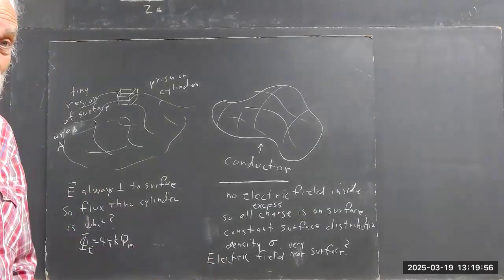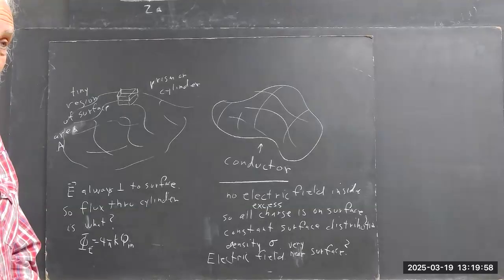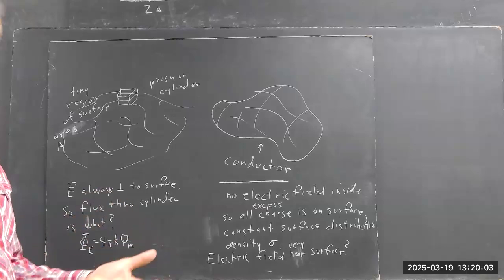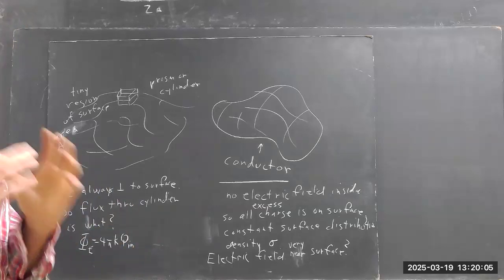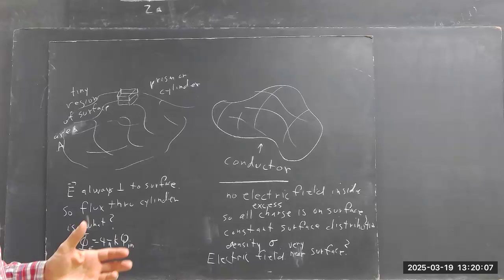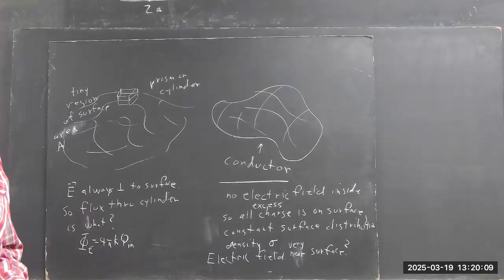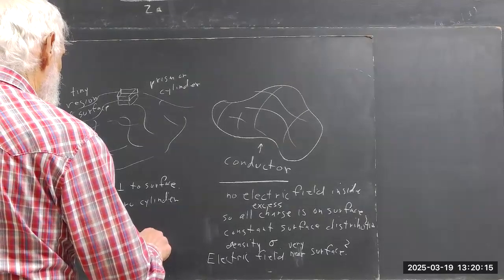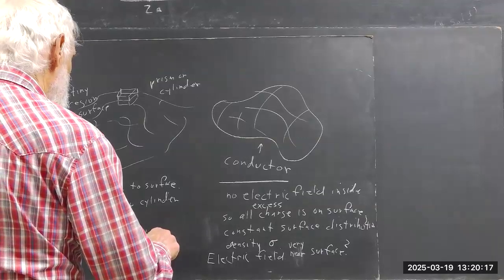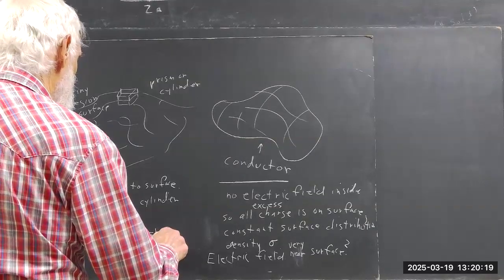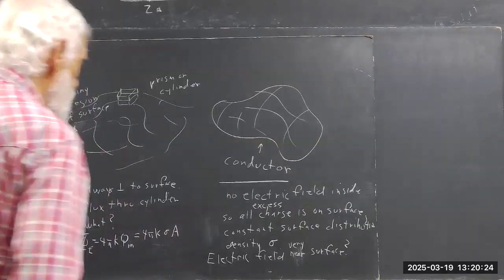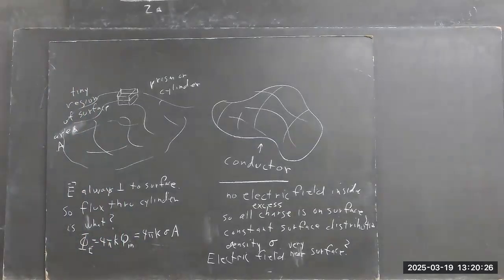Lock that in. That's got to be second nature. You don't want to have to sit around for 5 minutes to think through that. Maybe the first time. But after that, you probably want to avoid pain and you'll lock it in. So it's 4 pi K sigma A.